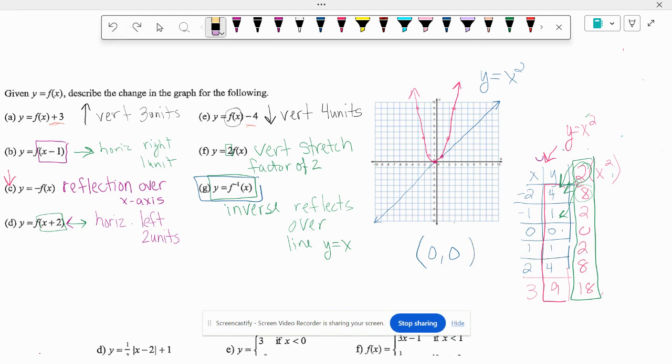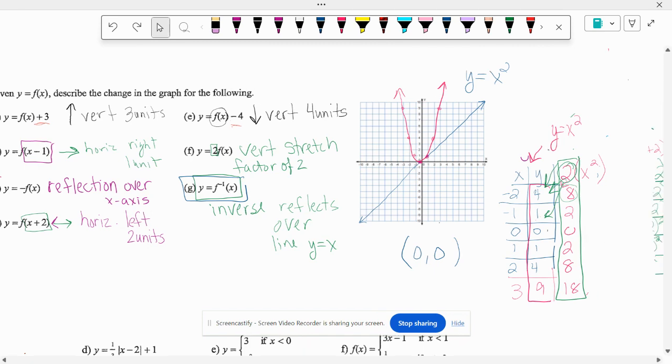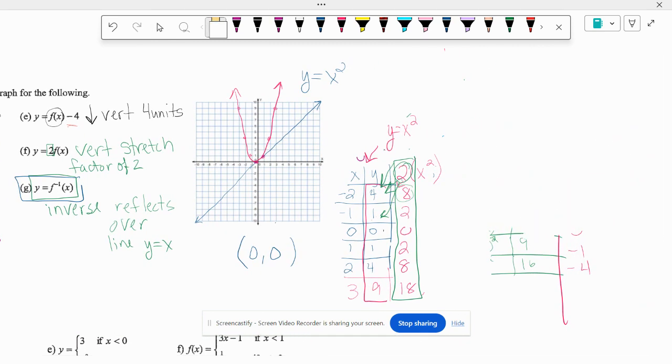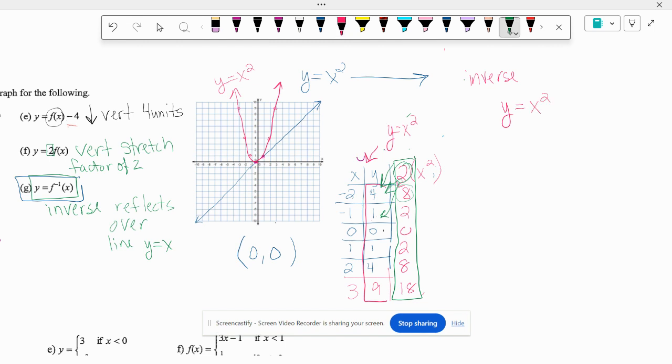So I want to show you what that looks like right here. So I'm going to find the inverse of this function. So the graph is y equals x squared, and I need to find the inverse of it. So I'm going to take the function y equals x squared, and I replace my x and my y.